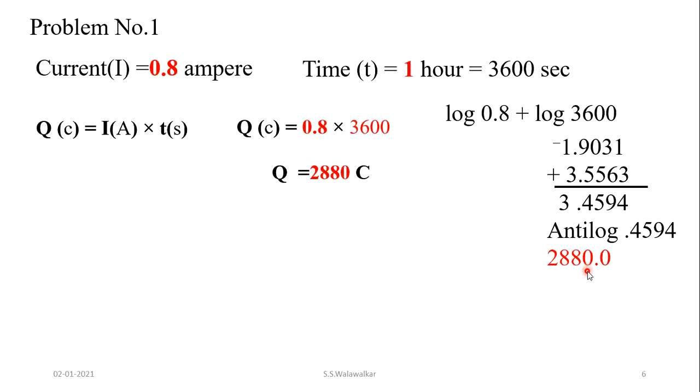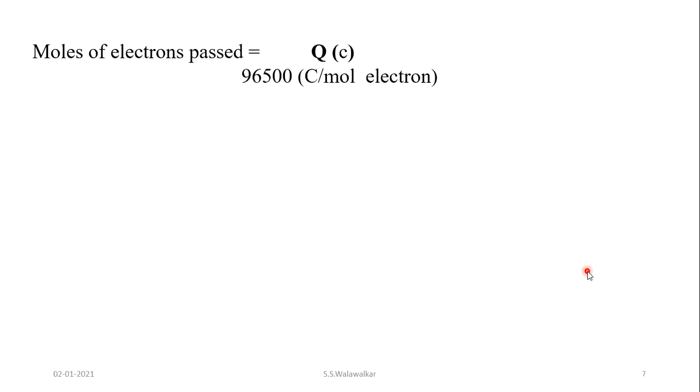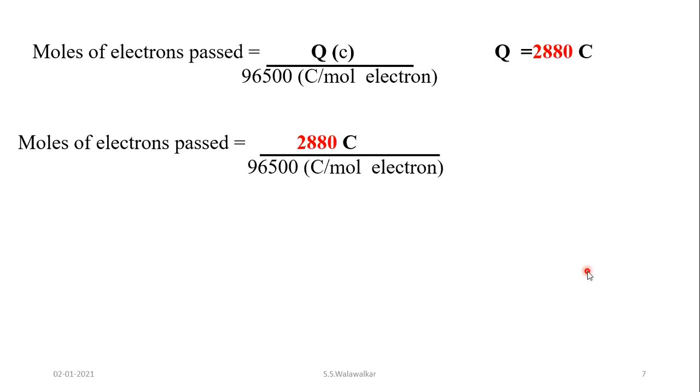Now you have to calculate the moles of electrons. Therefore, moles of electrons passed is equal to Q divided by 96,500. So Q is equal to 2880 coulombs. So substitute this value in the formula: 2880 divided by 96,500.